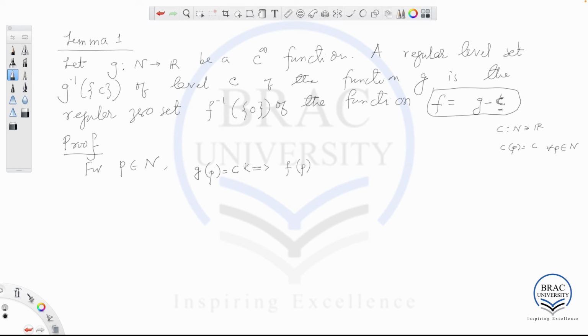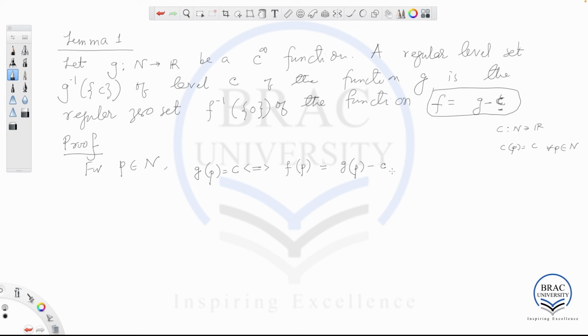I'm just using this definition, and it tells us that G of P is equal to C is equivalent to the fact that F of P is equal to G of P minus C, right?